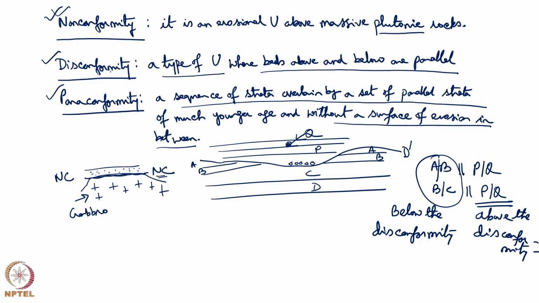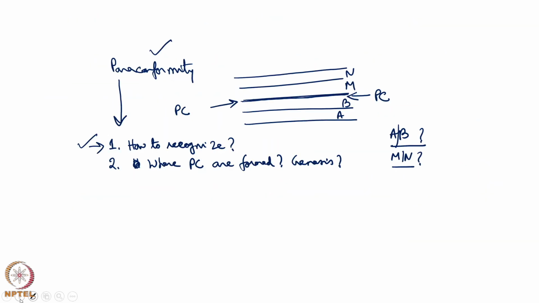In case of a disconformity, we can see an erosional surface in between, and therefore identifying disconformity or at least an unconformity will be possible. This is not the case with the paraconformities, where you see that this contact is not showing any undulations or any irregularities. The recognition of paraconformity can be most evident if one goes for geochronologic dating.